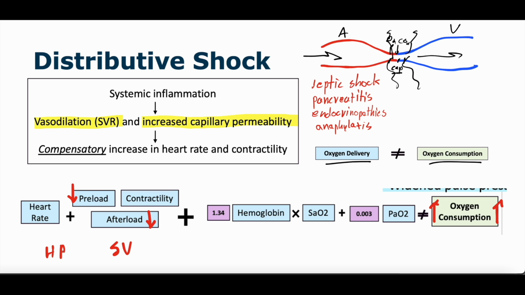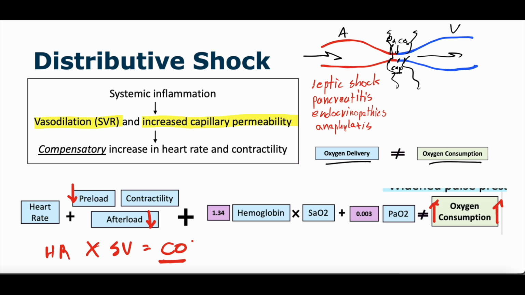And heart rate times stroke volume equals cardiac output, or the amount of blood the heart is pumping around. So the problem here is in distributive shock, you get vasodilation. Your preload's low, your afterload is low, so you can't deliver as much oxygen because your cardiac output could drop. You have increased oxygen consumption in the peripheral tissues.